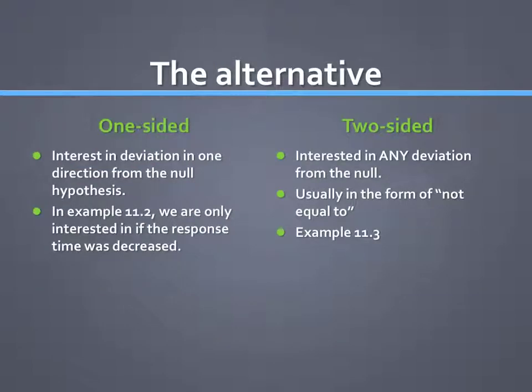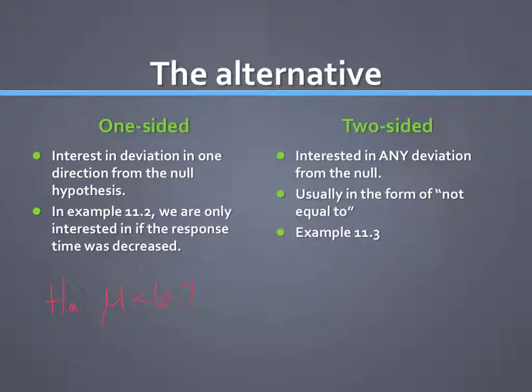We can refer to our alternative hypotheses as being either one-sided or two-sided. A one-sided alternative is what we just looked at. We are interested in deviation in one direction from the null hypothesis. So our alternative in the last example was that the mean was less than 6.7 minutes. If you look at example 11.3, here shows you a two-sided alternative.